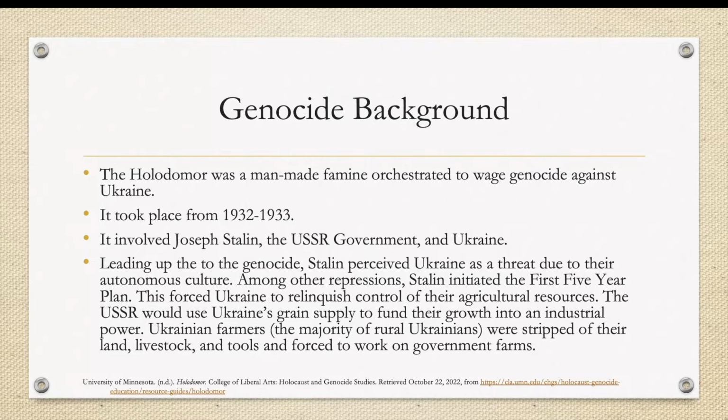Among other repressions, Stalin initiated the First Five-Year Plan, and this forced Ukraine to relinquish control of their agricultural resources. The USSR would use Ukraine's grain supply to fund their growth into an industrial power. Ukraine farmers, which were the majority of rural Ukrainians, were stripped of their land, livestock, and tools and forced to work on government farms.